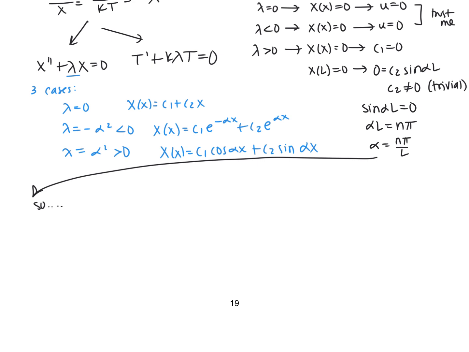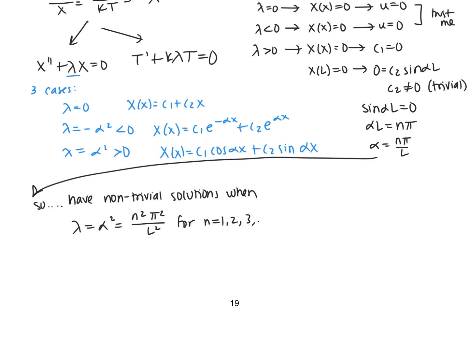So what we know so far is that we have non-trivial solutions when lambda, which is equal to alpha squared, is equal to n squared pi squared over L squared for n equals 1, 2, 3, so on and so forth. Okay, have you seen these before? Hopefully you recognize that. These are eigenvalues.